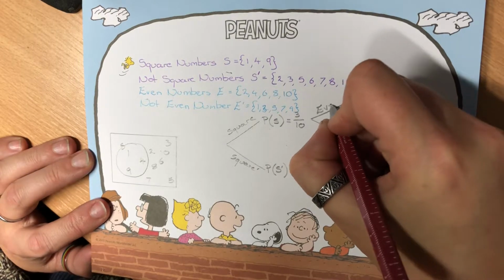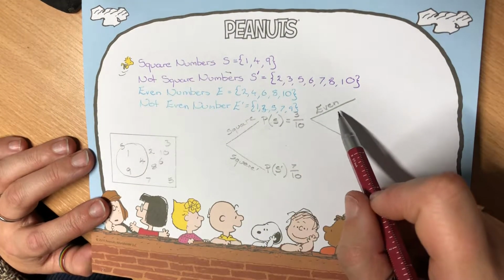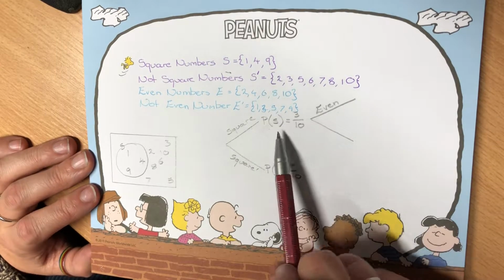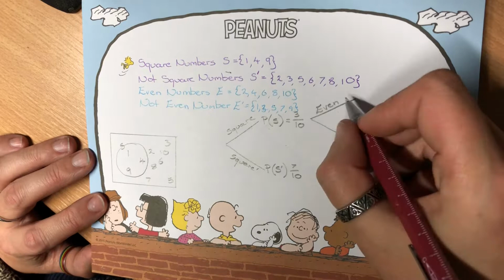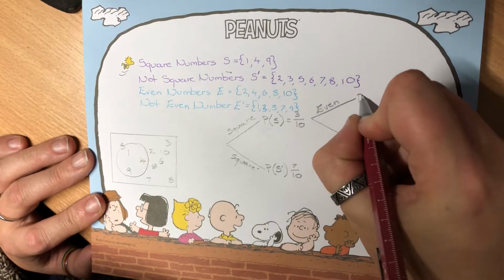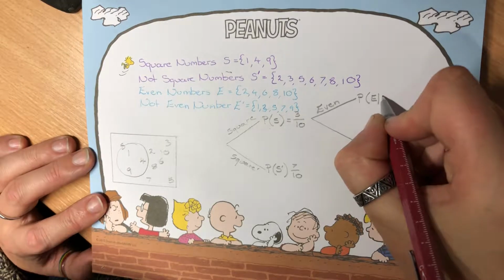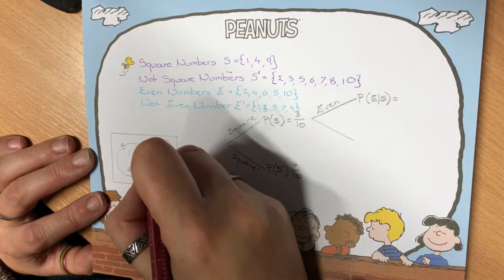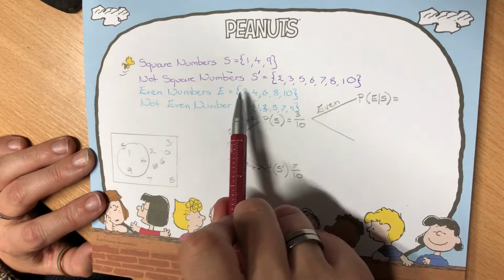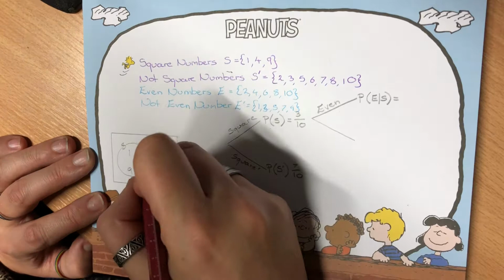So, probability that it is even, but we're only dealing with the ones that are square. So we are dealing with the probability that it is even given that it is square. And if we look, we've got one number in our square numbers that's also in our evens.